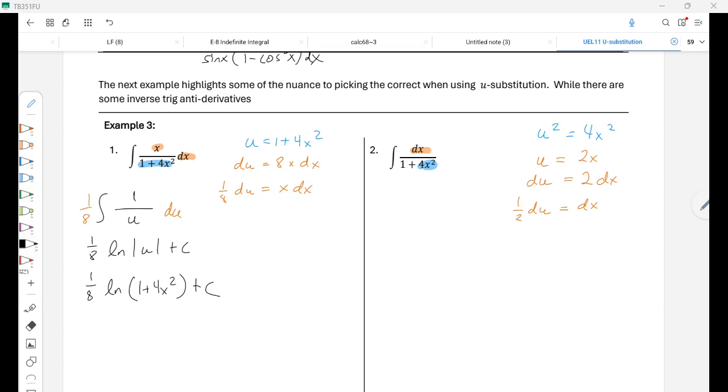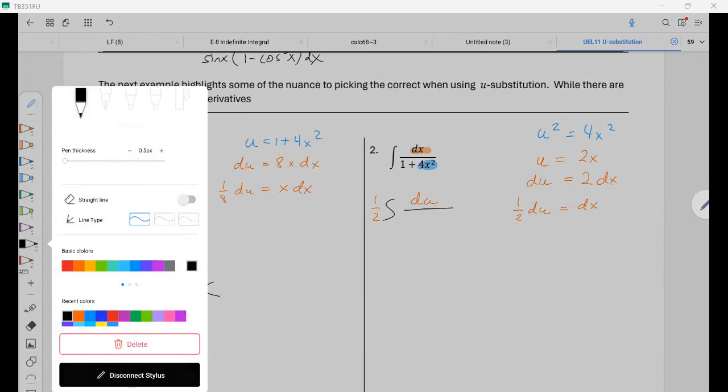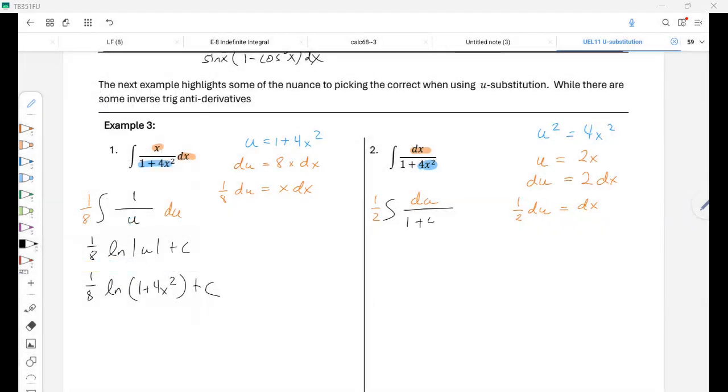So we'll do integral, we'll do 1/2. To match the original integral, I will write du in the numerator. Again, not right or wrong either way. My denominator is 1 plus 4u squared. No, not 1 plus 4, 1 plus u squared.